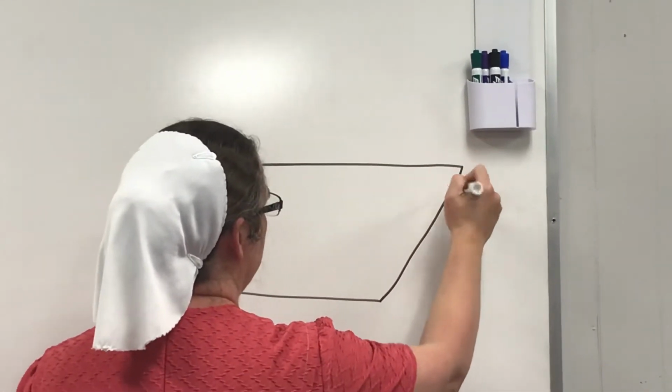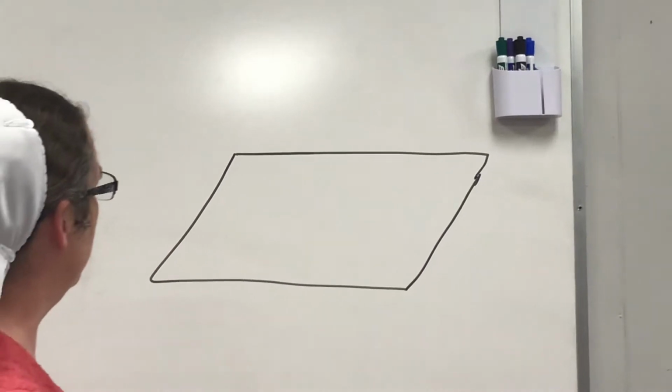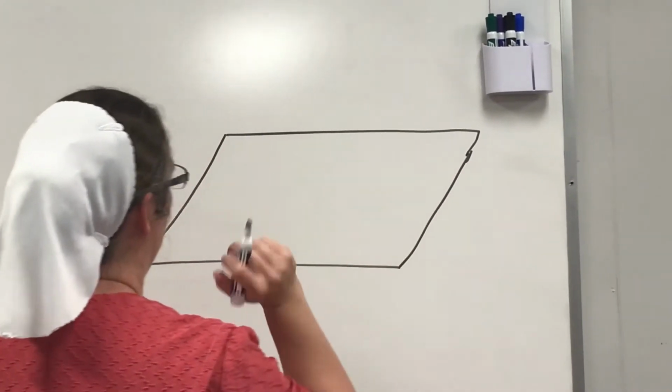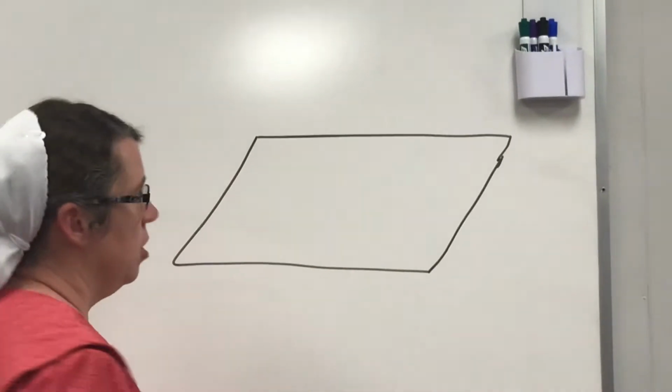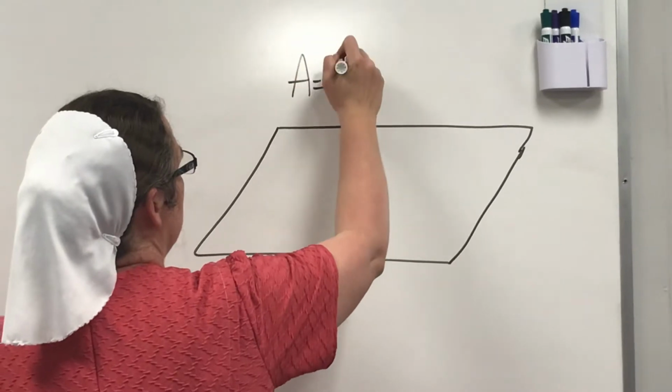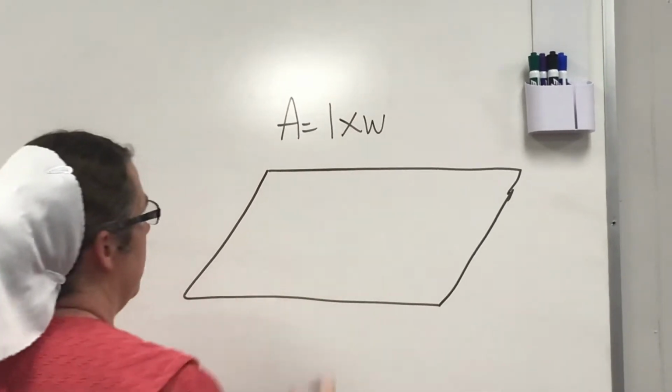Ignore the drawing, but you get the idea. Okay, so opposite sides are parallel. And your formula to find the area is area equals length times width.